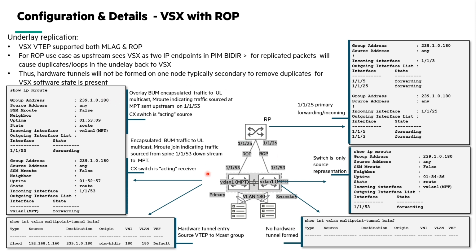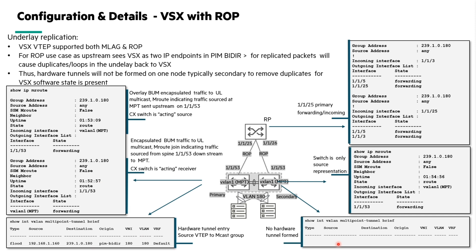So, very similar situation. I've shown the output of one of the VSX pairs, the primary, and we have the in-cap, D-cap, and the VXLAN tunnel interface, and we also have the hardware tunnel.